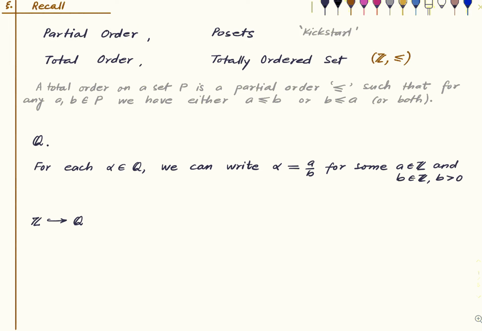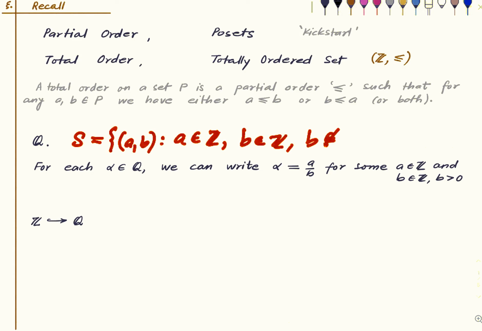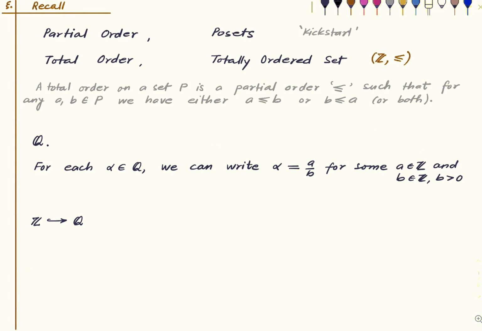Okay, last time we defined rational numbers. We defined a set S, which was all pairs of integers where the second one is non-zero. Then we defined an equivalence relation on the set and quotiented it out to get Q, meaning we collected all the equivalence classes to get this set of rational numbers.